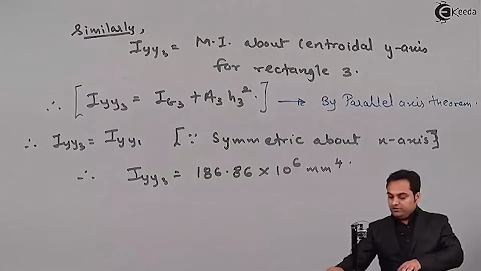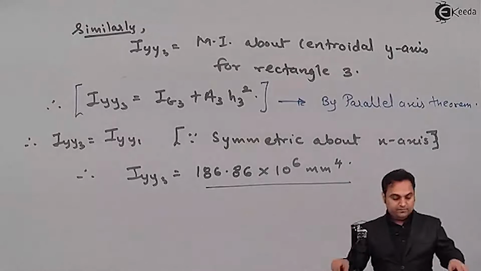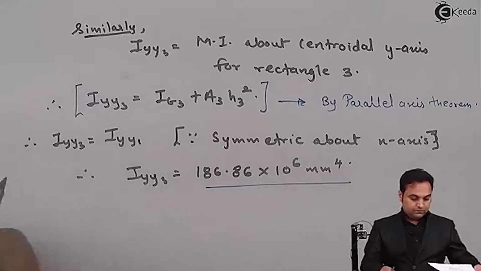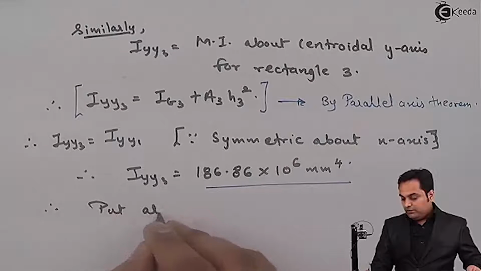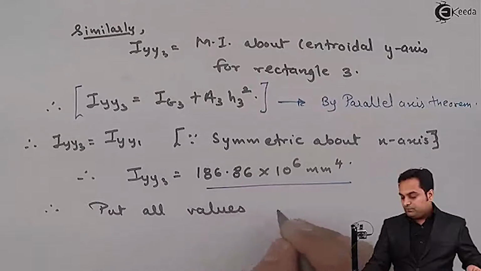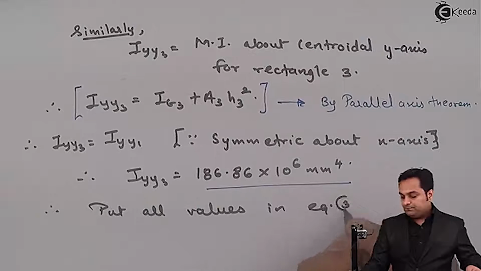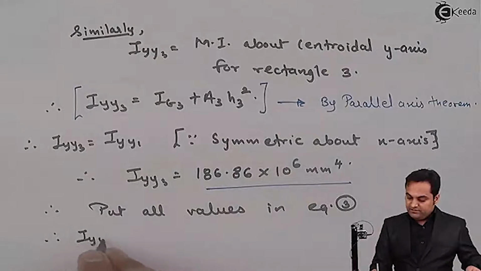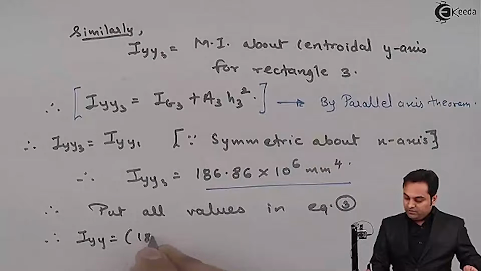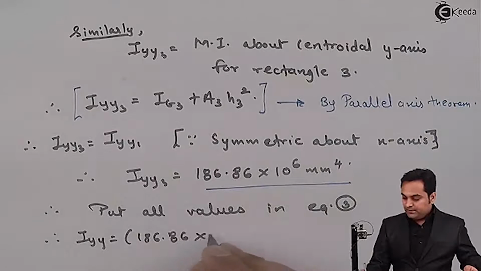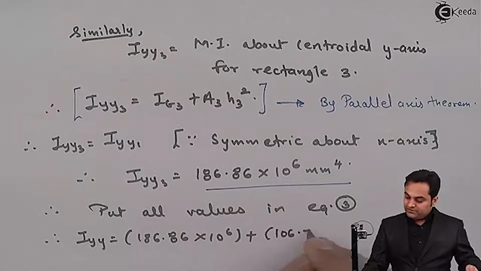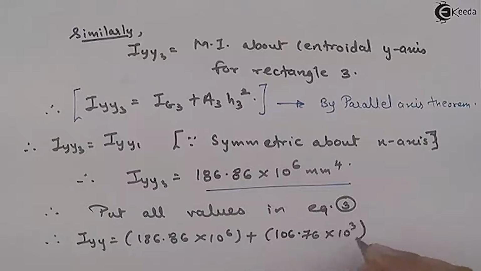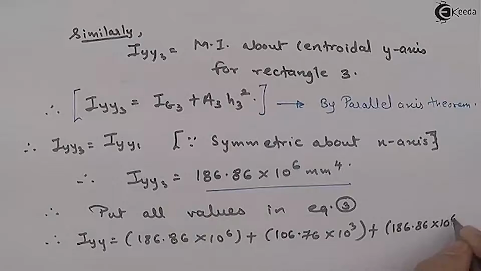So after finding all three values, we put them in equation number 3. So Iyy is equal to Iyy1, 186.86 into 10 raised to 6, Iyy2, 106.76 into 10 raised to 3, and Iyy3, 186.86 into 10 raised to 6.